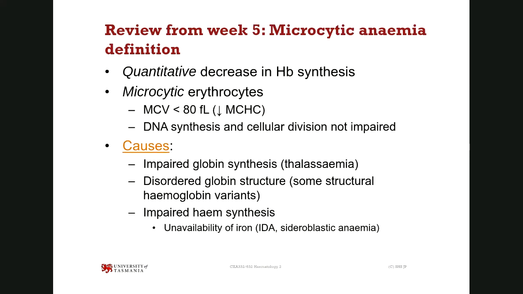So if we have a review from week 5, we can recall that microcytic anemia comes about by a quantitative decrease in hemoglobin synthesis. So this is true for microcytic anemias overall, so due to iron deficiency, as well as our thalassemias, where we've got that quantitative decrease in hemoglobin synthesis.